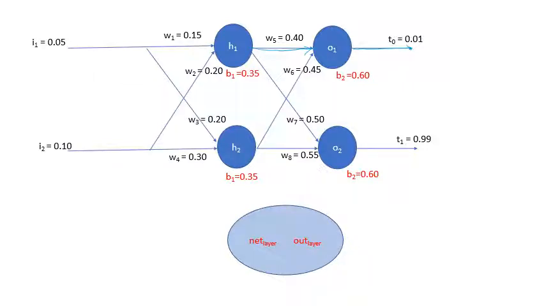At the inputs, we have given 0.0005 and 0.10, and we are expecting at the output 0.01 and 0.99. So for this given input, my expectation is this, right?